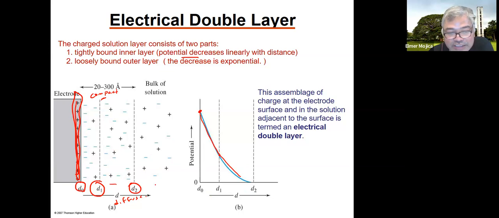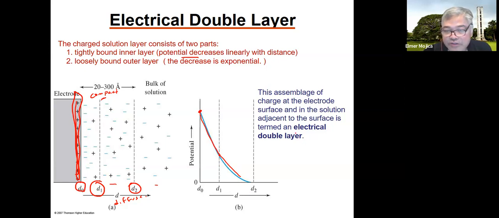But if you are already here, it will not cause any changes in the charges. Almost all the positive is near there, but as you go here, the charges are already well distributed. As you go farther away from the electrode surface, you will see that the potential already decreases.